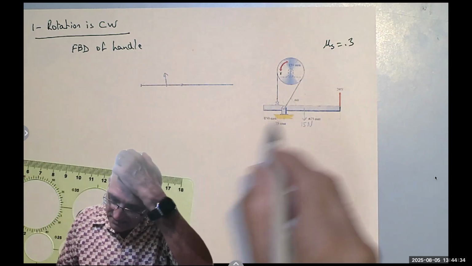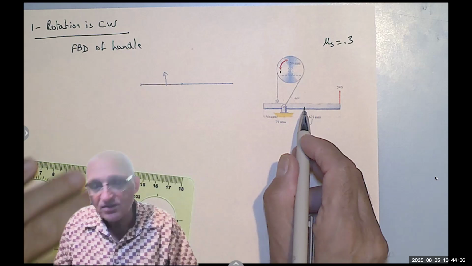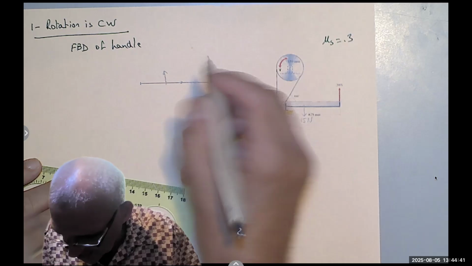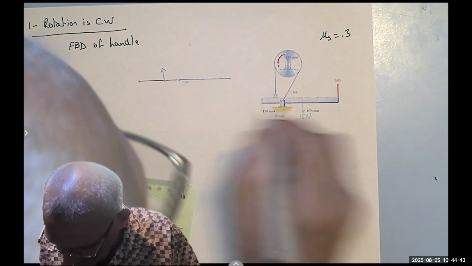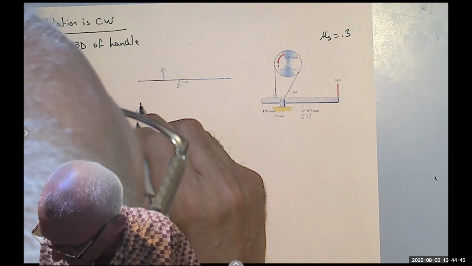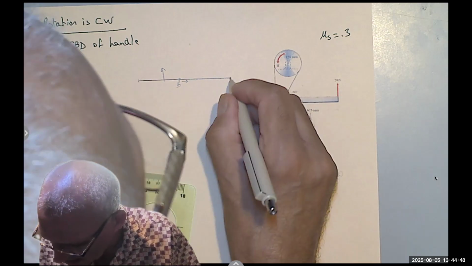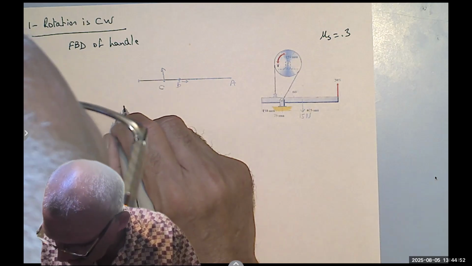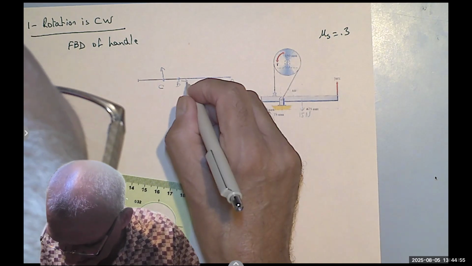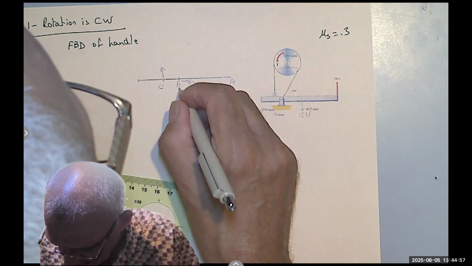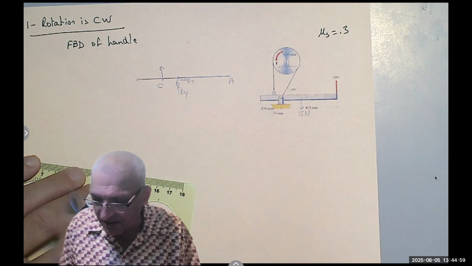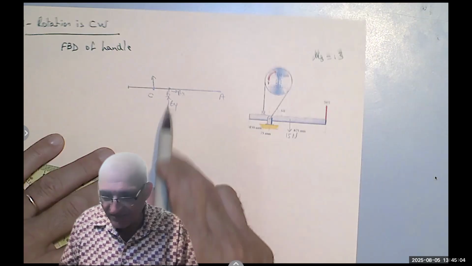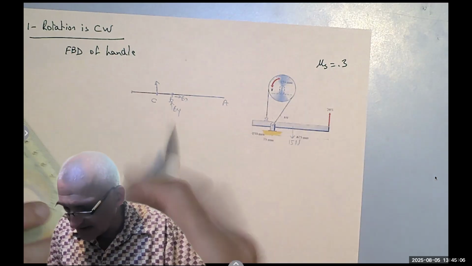There are an X component of the reaction, a Y component of the reaction, and a tension. So if we call that point B, for example, and this point A, and this point C, I have Bx and By. You say, what about the tension? Well, the tension has an X component and a Y component. So at the end of the day, I get those. As you will see, I don't care.